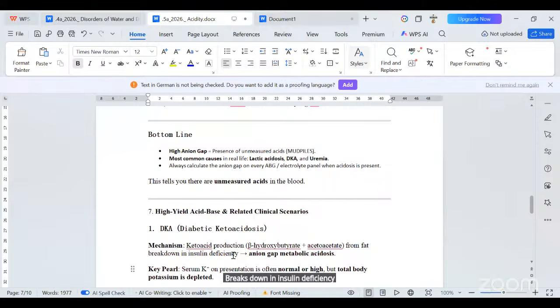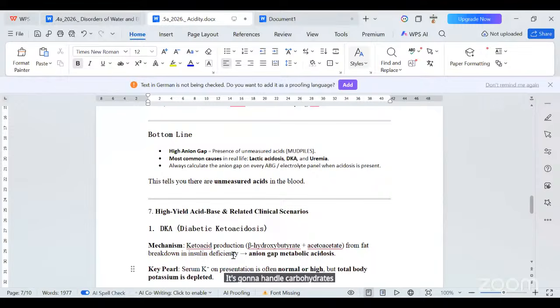What happens in diabetes is that the body cannot metabolize. The body has a challenge with carbohydrates, sugars. So even though the person eats, it cannot handle carbohydrates.